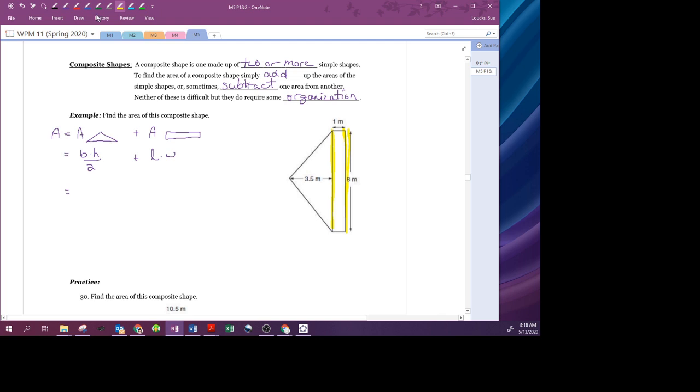So it's 8. The height is 3.5, even though it's turned on its side, it's still the height of the triangle, divided by 2. Plus, for my rectangle, the length is 8 and the width is 1. So that equals 14 plus 8, which is 22, and it's meters squared.